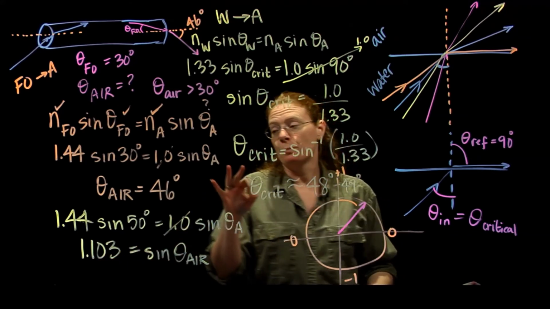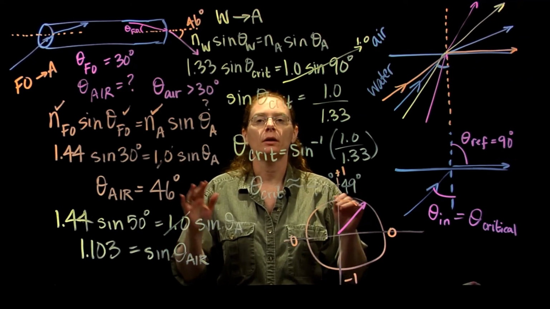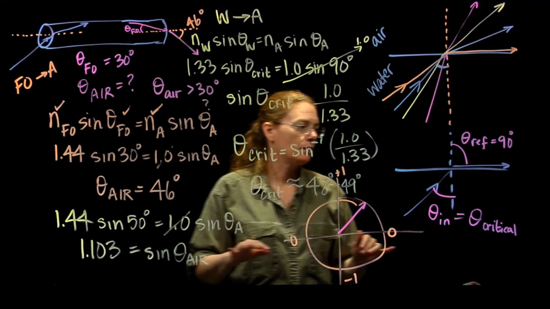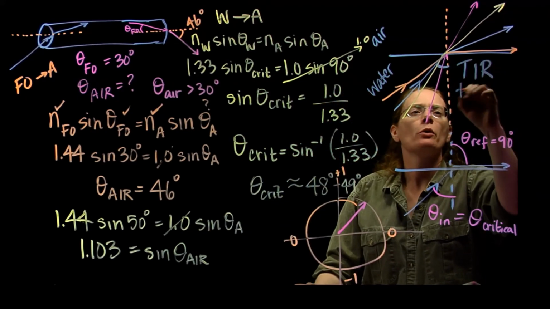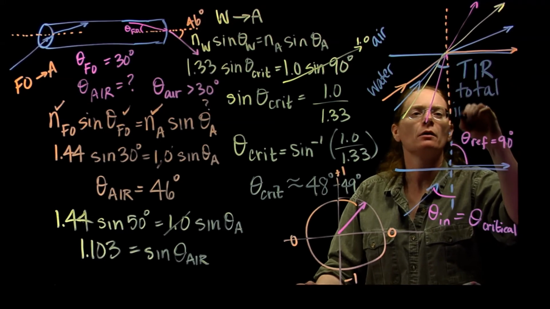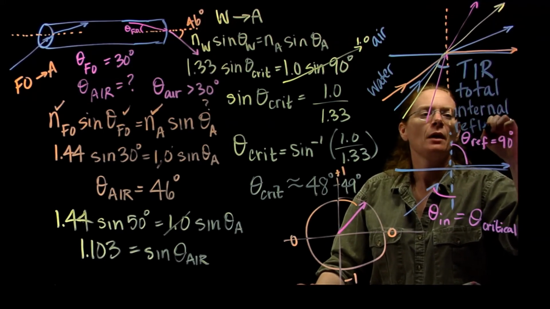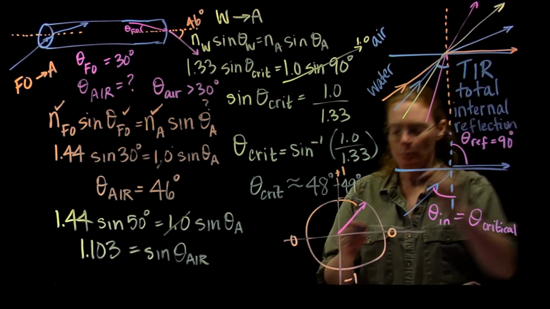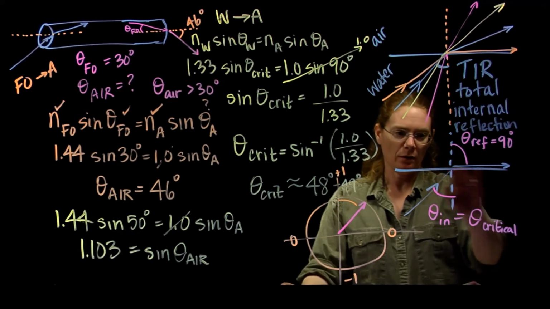This is your cue to say, oh, this is total internal reflection. This is TIR. Okay, and what is TIR? Total internal reflection. So what happens is 50 degrees here is bigger than this critical angle.